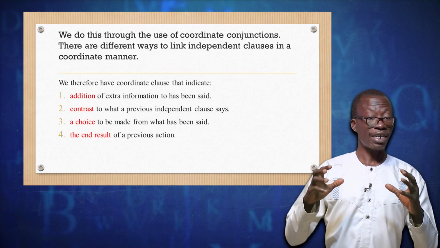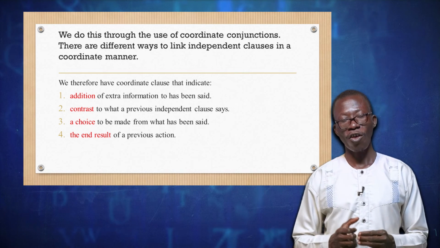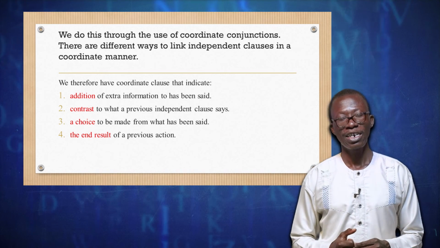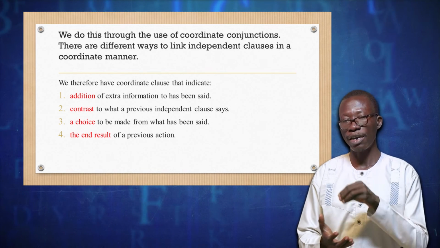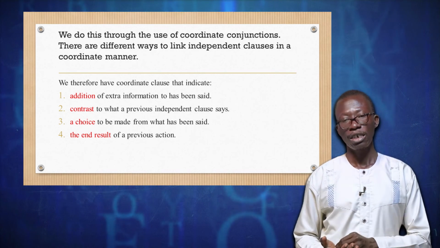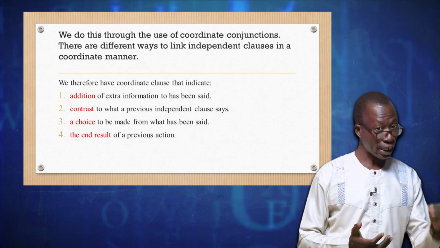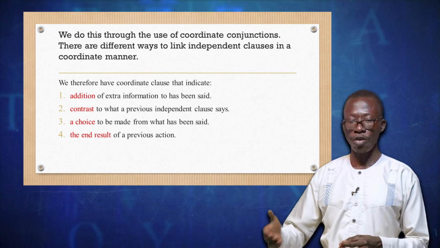So what we are saying is that when we are talking about coordination or coordinating clauses, we can have coordination at the level of addition of extra information. We can have coordination at the level of contrast. We can have coordination at the level of a choice. We can have coordination at the level of a result of something.